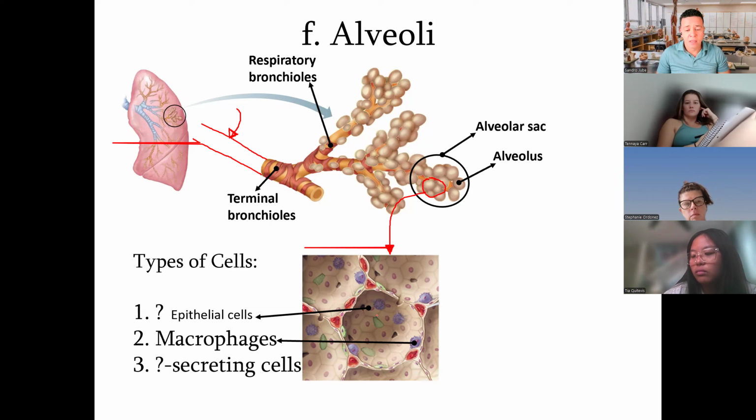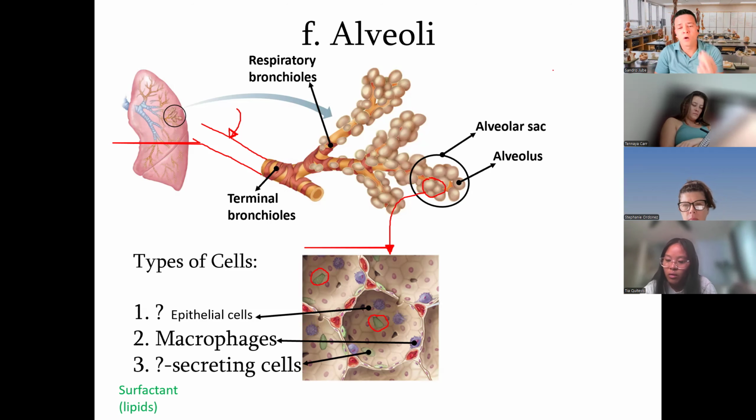And finally, these green-looking things right here on the walls of the alveoli, these are cells called surfactant-secreting cells. What do they do? The name says it all. They produce an oily fluid called surfactant.